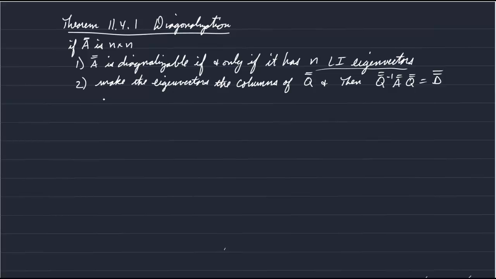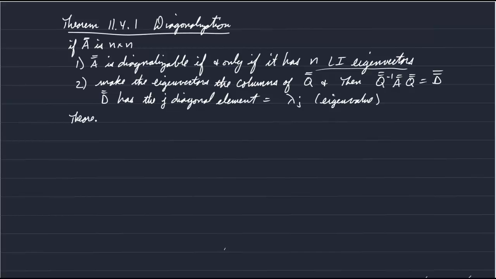And D has the jth diagonal equal to the jth eigenvalue. So on the diagonals of D are all the eigenvalues of the matrix A. So that's the first theorem.